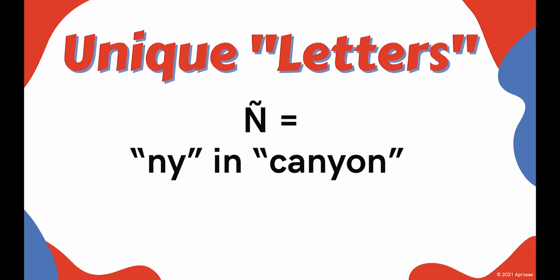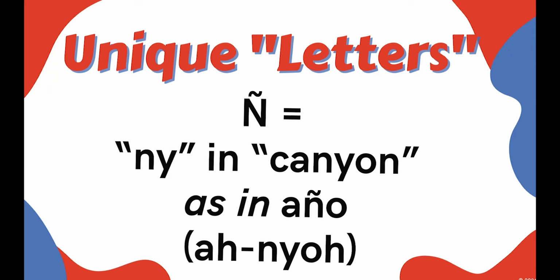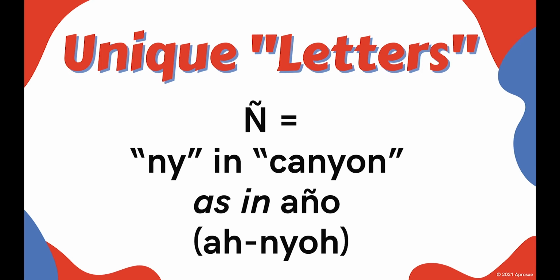The N-Y is a ny. Same in Spanish, canyon. A word you might have heard with the ñ in it is año. That means year. Año would not be ano. And it's just an important distinction to make when you see the N with the tilde on it, to not pronounce it like an N.